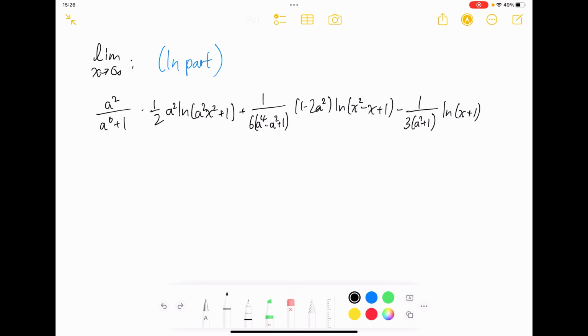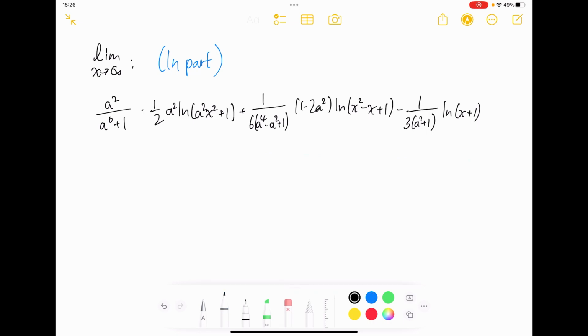So let's first take a look at the ln part, right? I've written everything horizontally, which should be better to work with. So let's start. We are going to manipulate this expression such that the entire thing converges. I mean, the entire thing already converges, but we need to see that and evaluate it.